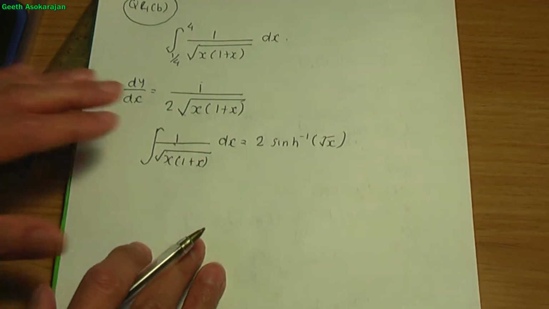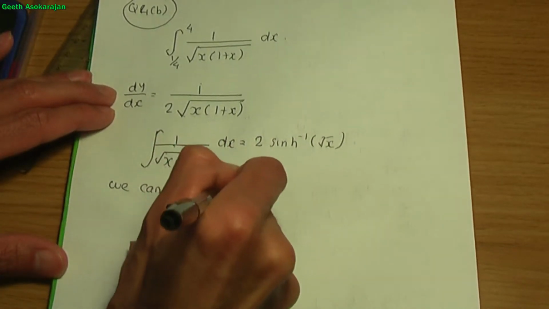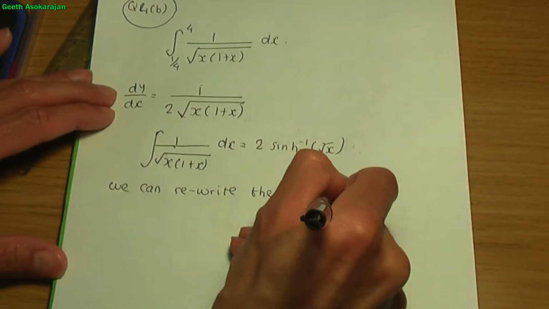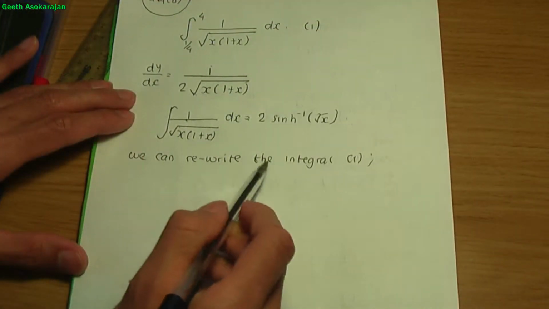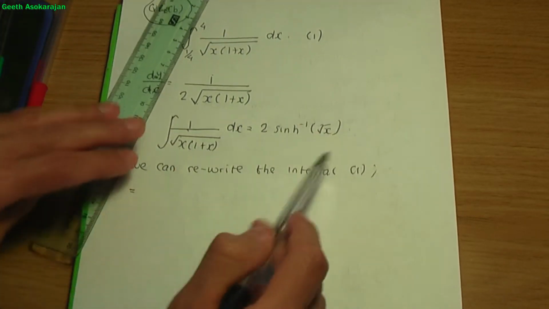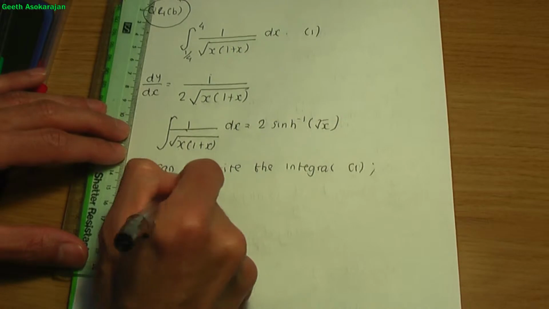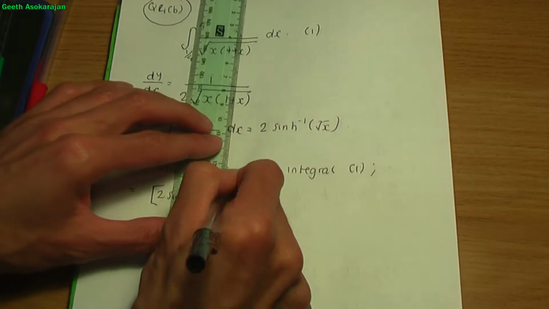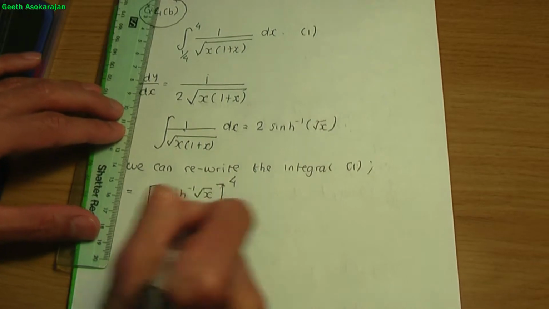So in this case, we can rewrite the integral, and let me call this integral number 1. We can rewrite integral number 1 as, since this is the answer of the integral, let's include square brackets, and let's include the answer 2 inverse hyperbolic sine of root x, and the limits in this case are 4 and 1/4.